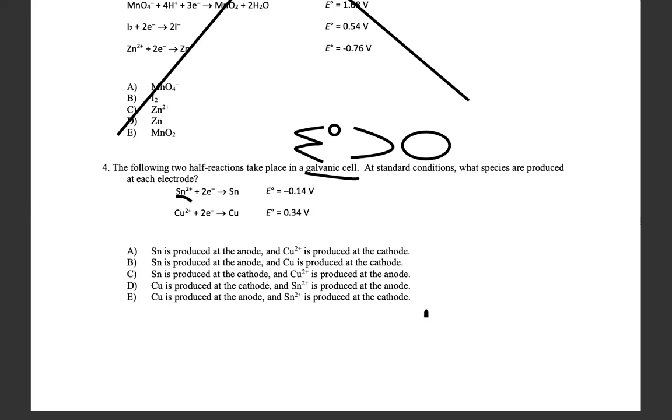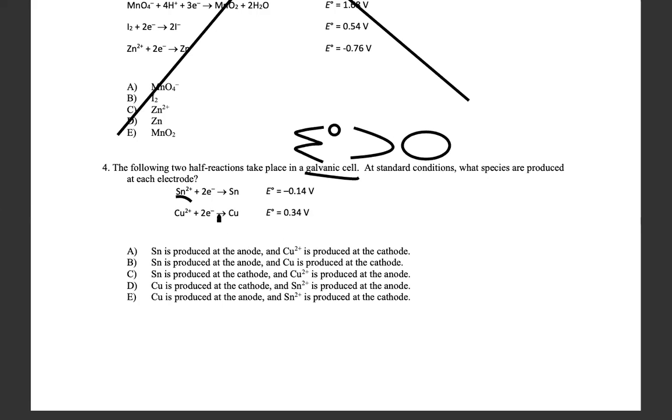The question's asking a more advanced question that she should cover on Wednesday, because you need to know which one's going forwards and backwards, and it's a big old mess. But basically, the only thing you need to remember from this question is that the anode is being oxidized and the cathode is being reduced.